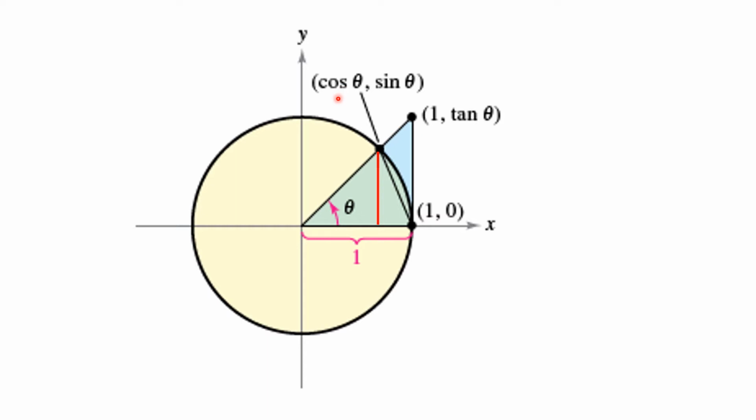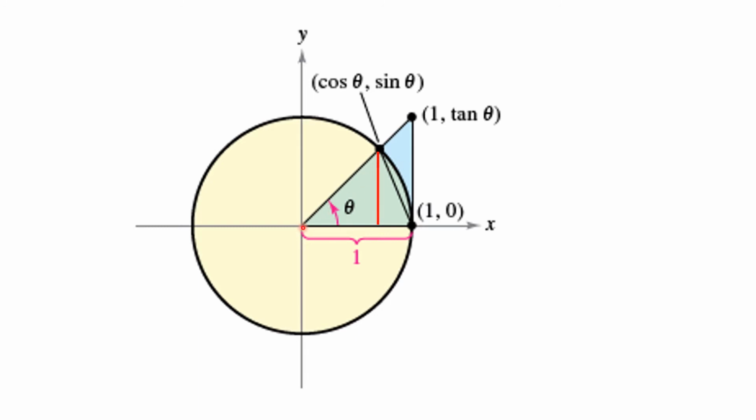That tells us that the x coordinate of this point on the circle is cosine theta. Now similarly, here is the height that we have, and the radius is still 1. So the y coordinate here is the opposite over the hypotenuse, which is 1, and that's going to be the sine of theta. So I have argued, I think effectively using right triangle trigonometry, that the coordinates of this point are cosine theta and sine theta. So that takes care of the smallest triangle.